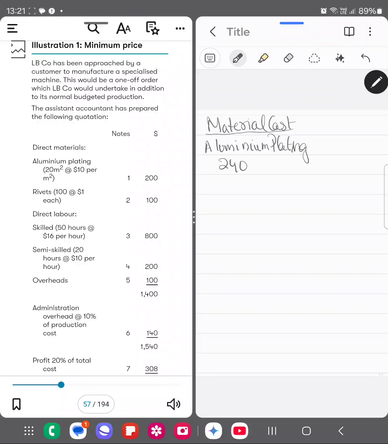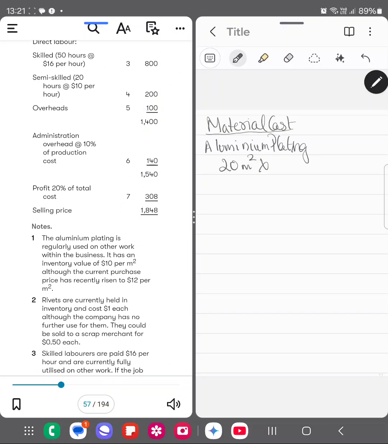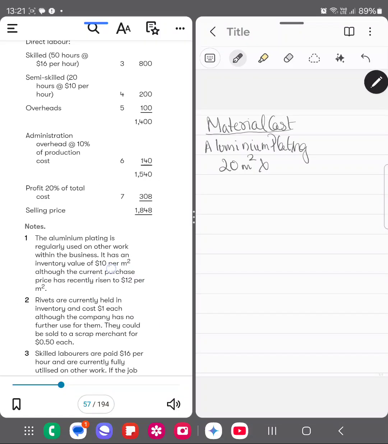240. How did we calculate this 240? Let me explain first. I started writing directly. Your requirement is 20 meter square, and over here it is given that the aluminum plating is regularly used on other work within the business and it has an inventory value of 10, so this is something which has already been incurred.